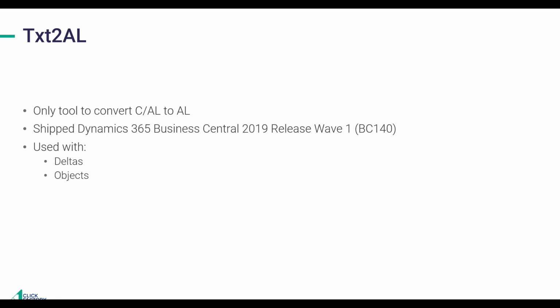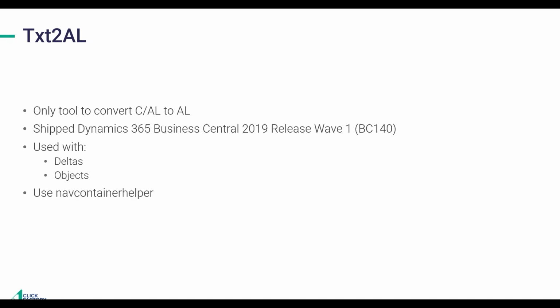So you will have to manually take that text file for the codeunit and convert it to AL. So that might involve multiple iterations when converting everything.